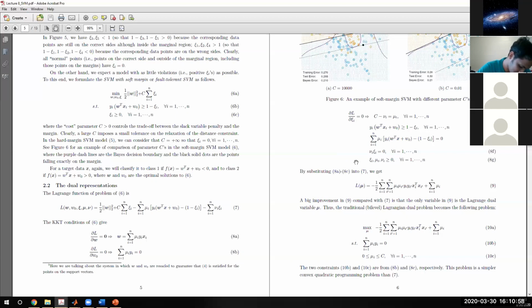So KKT conditions include 4 groups of conditions. Group number 1 is called stationarity, which means the gradient of the Lagrange dual with respect to the original variables, okay? Not with respect to the dual variables. With respect to the original variables, the gradient must be 0 first.